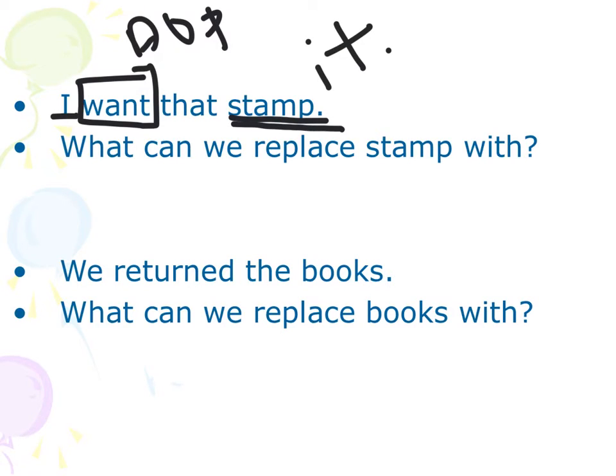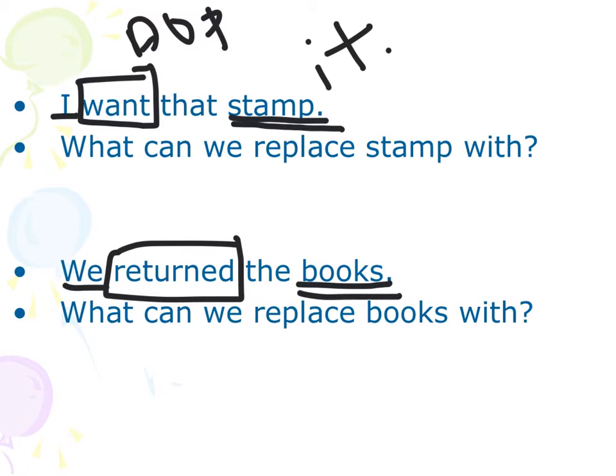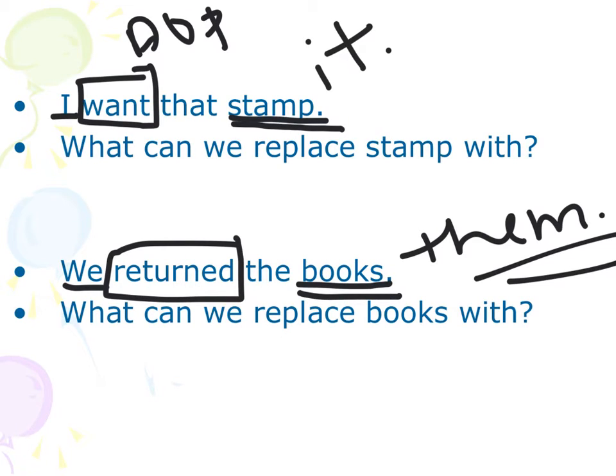Simple. Let's do number 2. We is your subject. Return should be your verb. And books is your direct object noun. What could we replace books with? Could we replace it with it, or can we replace it with them? What did we return? We returned them. So I hope you said them, okay? That's why you replace books with them. And that is your direct object pronoun.